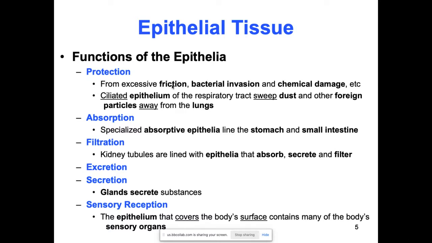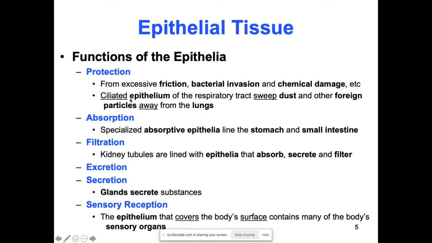So epithelium can come in different layers, where it could be one cell layer thick, or it could be many, many, many cell layers thick. If it's an area that is exposed to a part of the body where there could be lots of friction, lots of bacteria invading the body, prone to chemical damage like your skin, we would want multiple layers of protection there. Which is why when we look at the skin, and we will today, we will see that the epidermis isn't just one cell layer thick. It is many, many cell layers thick.